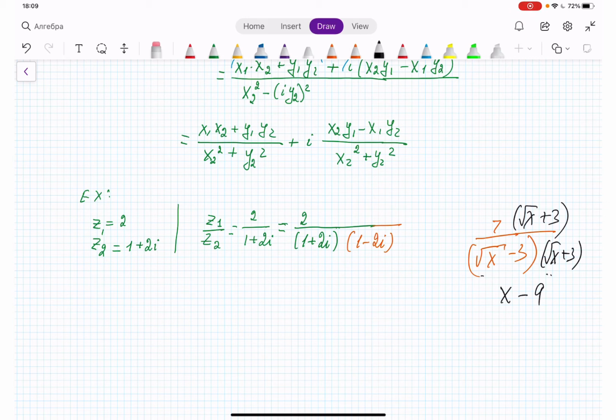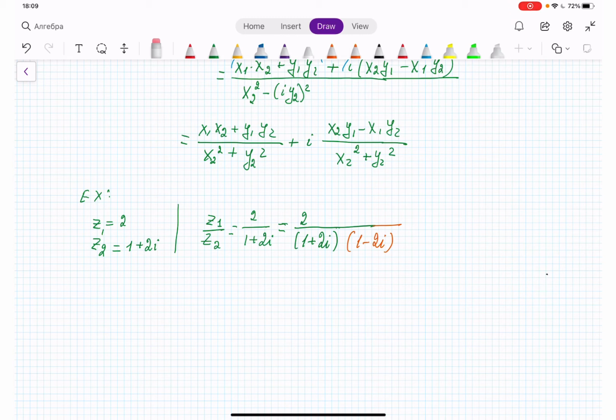Back to our problem. We multiply by the same expression, 1 minus 2i, and we are getting 2 minus 4i divided by 1 squared, which is 1, minus 4i squared. We know that i squared is negative 1.